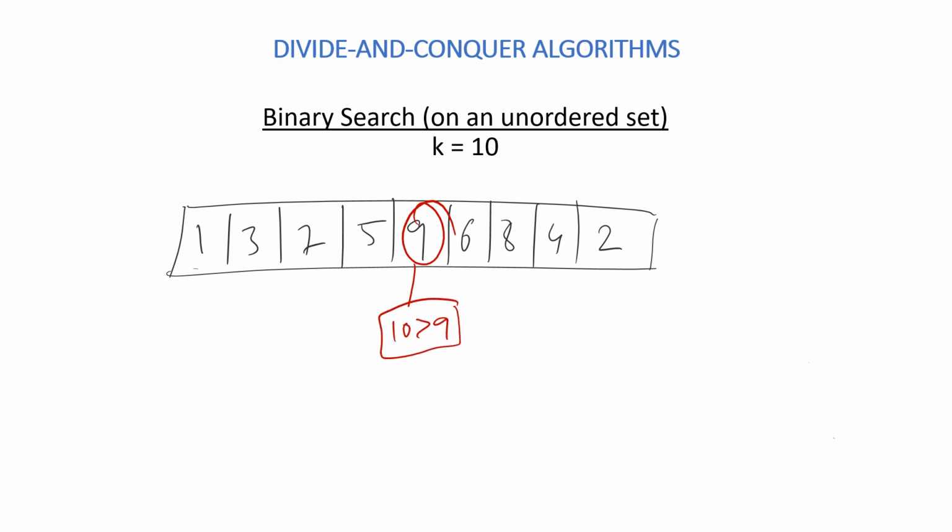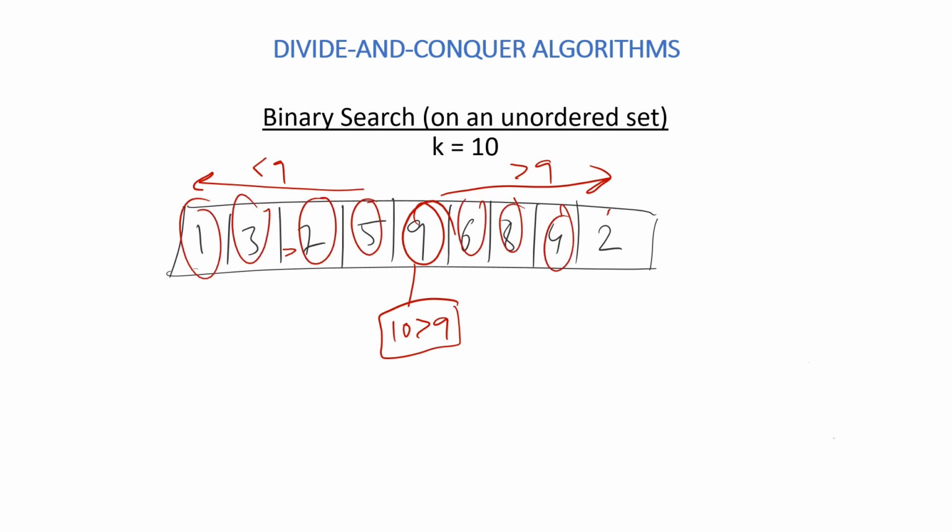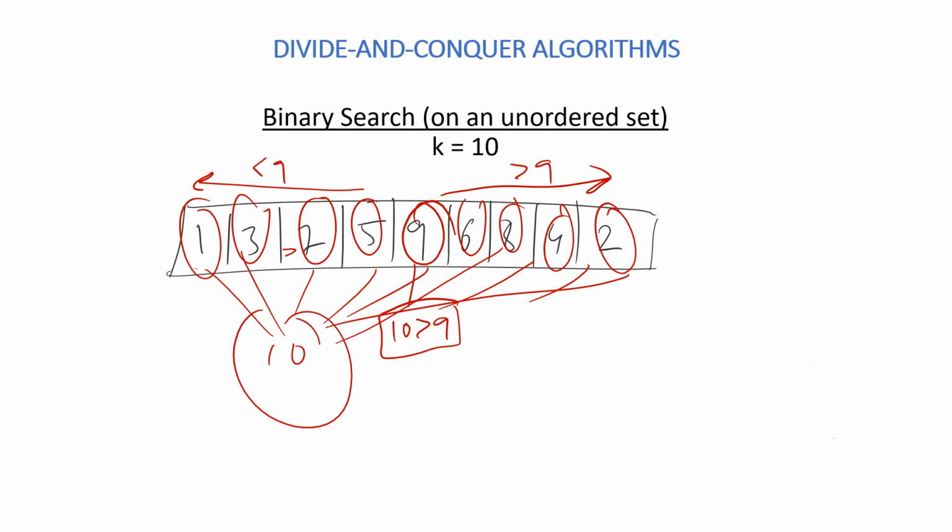But we don't know if the numbers on the right hand side are all greater than 9 and the numbers on the left hand side are less than 9. So we can't divide. What we have to do is go through every single element in this list, compare it with 10, and then determine that 10 is not in this list.